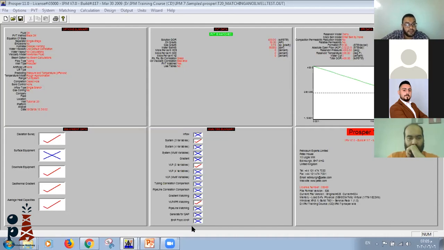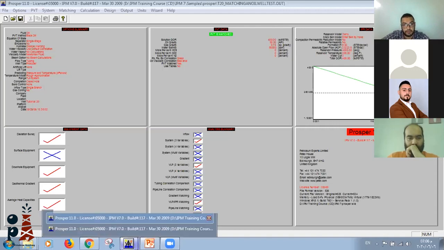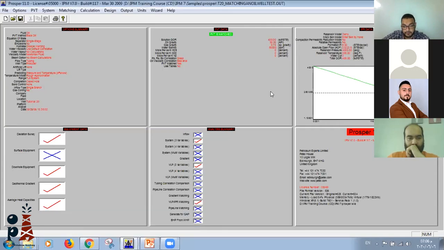There is another question: can we elaborate the shape factor? What do you mean by elaborate, calculate? Yes, we can calculate it. I will show it in Prosper. That's why I'd like to open Prosper, because some questions can be answered here easily.